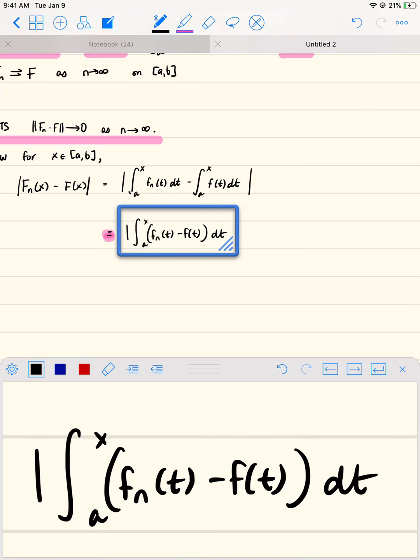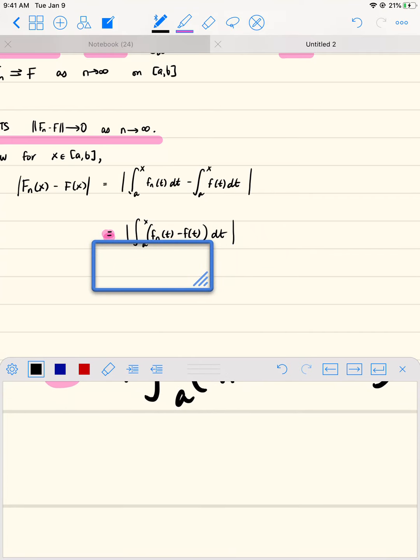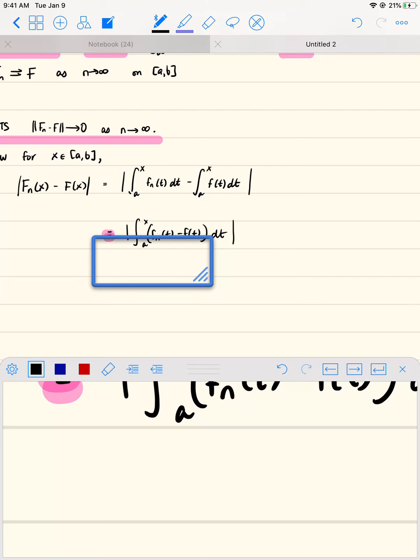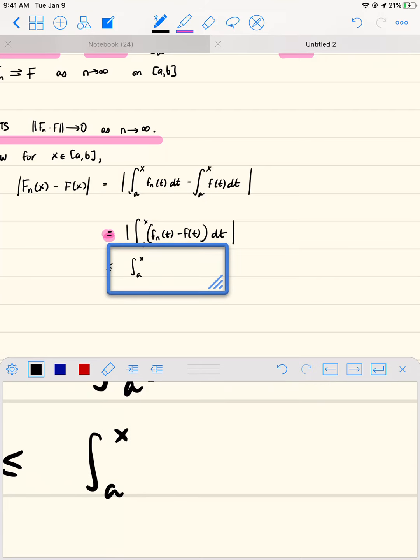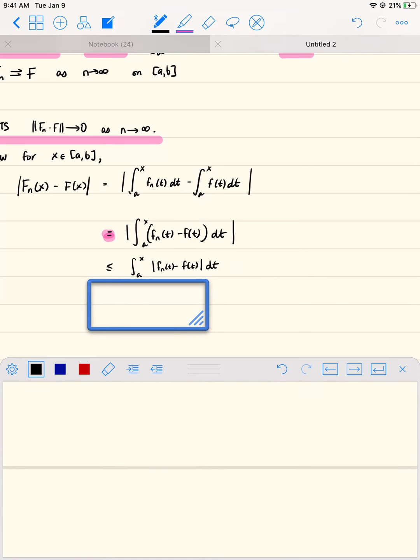Okay, since we're integrating over the same domain, we have this property. And now we can say that this is less than or equal to, this is by a triangle inequality, the integral of the absolute value of fn of t minus f of t dt, the distance between fn and f.